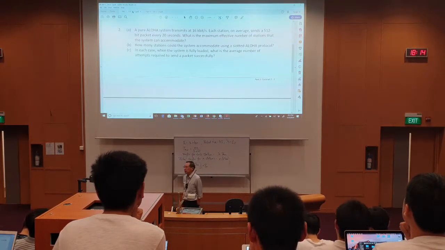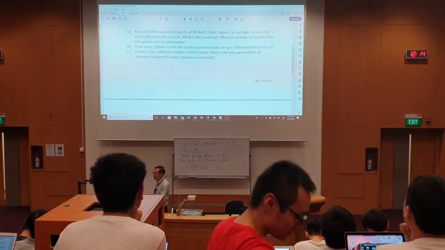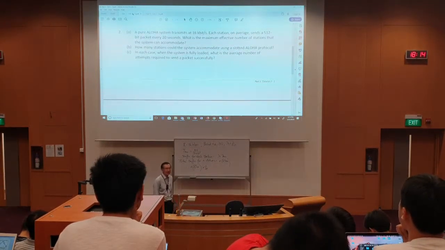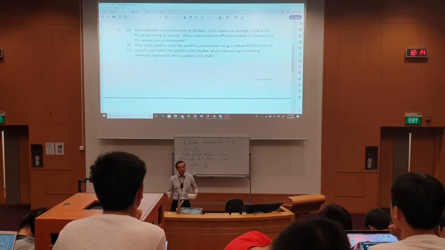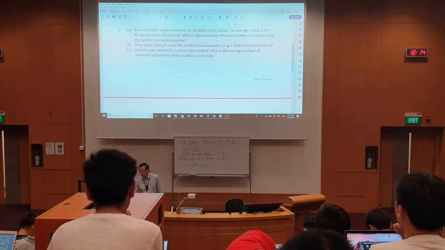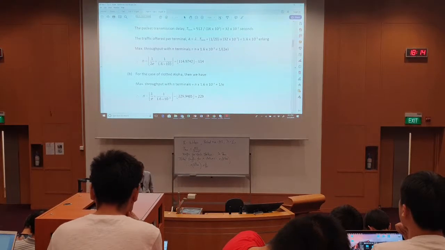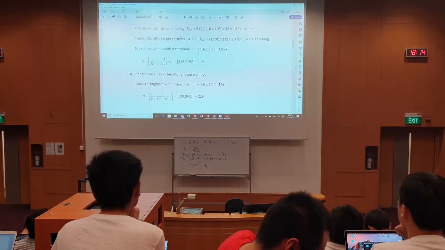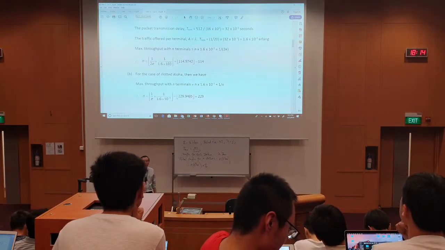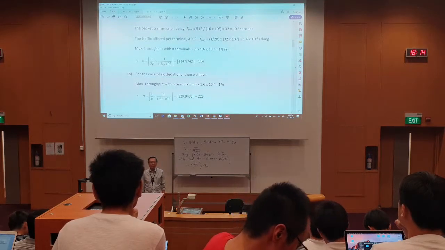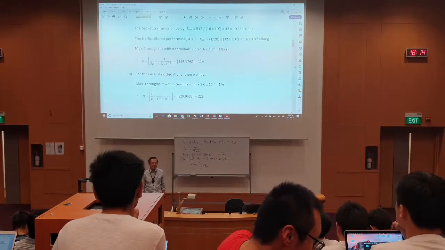In the case of slotted Aloha, the maximum effective traffic that can be carried is 1/e. So again, you plug everything in, so it's slightly double, and you find that n is 229.